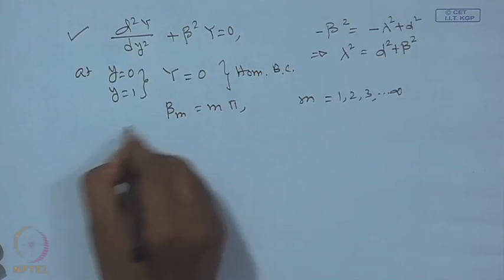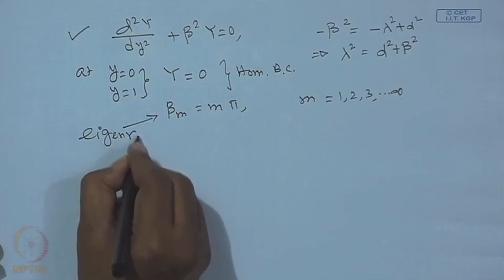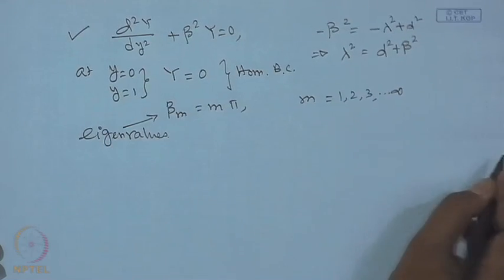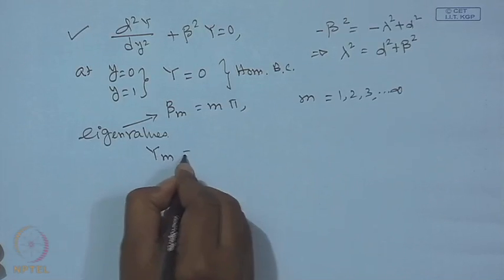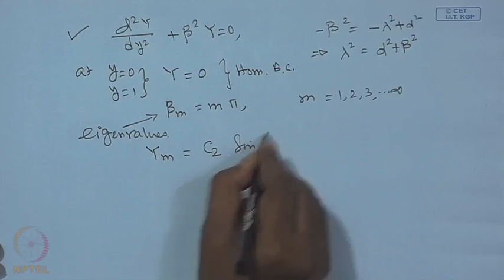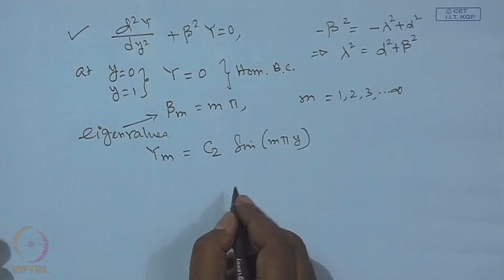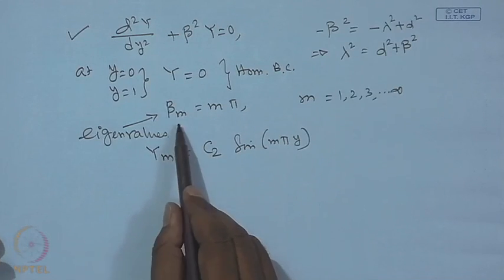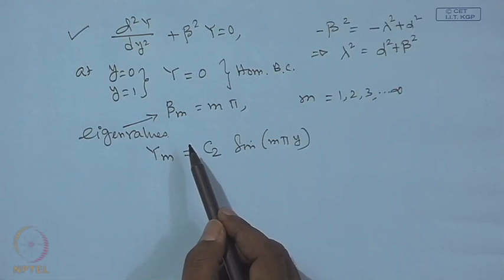So, these are the eigenvalues, and the corresponding eigenfunctions are Y m, that will be nothing but C2 sin m pi y.